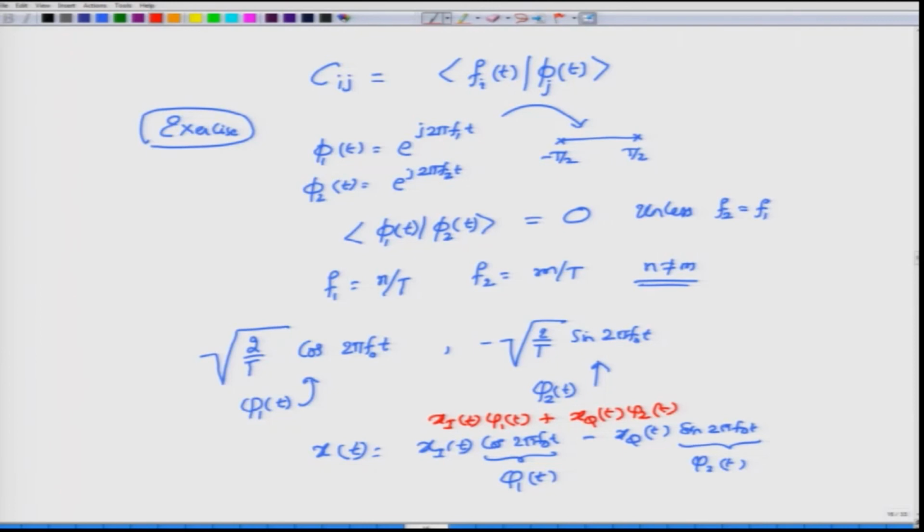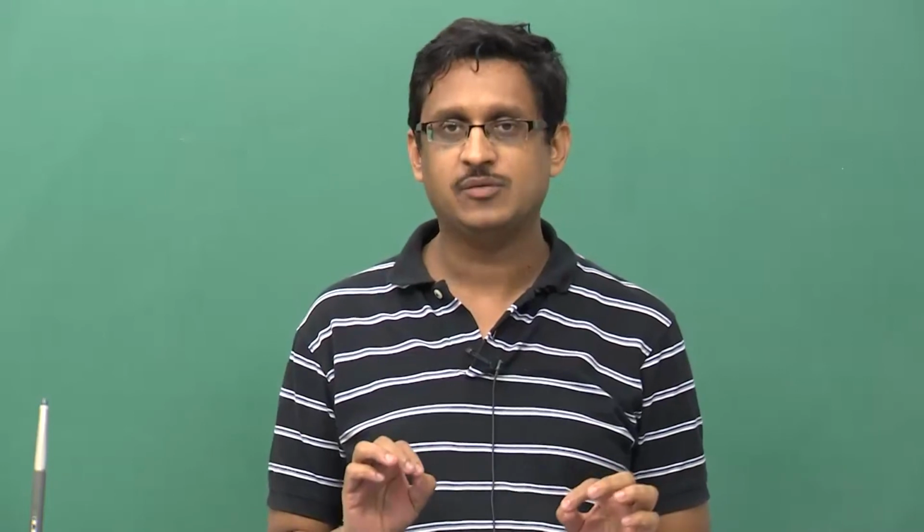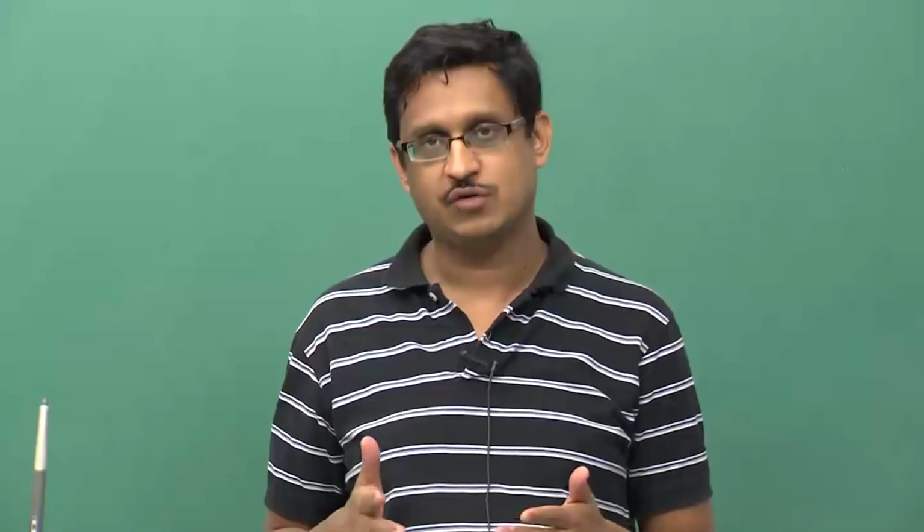So, in this case xi of t and xq of t correspond to the time varying coefficients that get multiplied to phi 1 of t and phi 2 of t, and of course, the small difference between the way we have written that one, the square root of 2 by T factor, is also present. You can include that square root of 2 by T factor either in the definition of phi 1 and phi 2, or you can push it into the definitions of xi and xq.